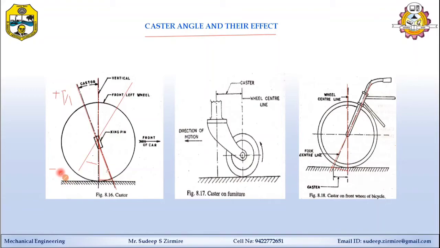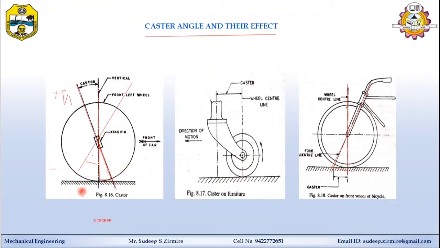The standard caster angle value for a good result is specified up to 3 degrees. Please note this point, 3 degrees. Positive caster on the front wheel provides directional stability, while negative caster on the vehicle tends to back at the time of turning.